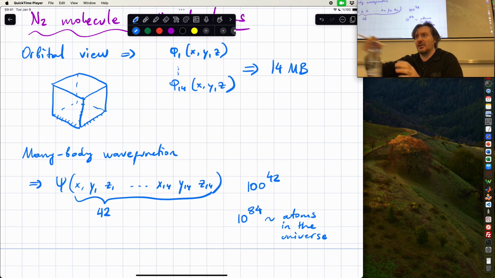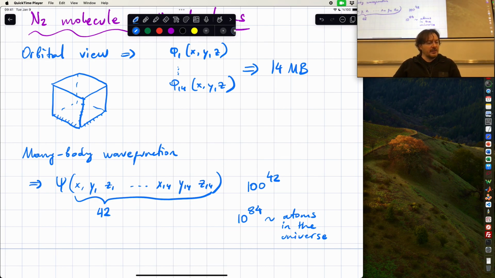So, okay, besides philosophical questions about where the wave function lives, how on earth are we going to calculate it? How are we going to have any calculations with it? Because 2 electrons is 6 coordinates, 3 electrons, 9 coordinates, okay? So there's a problem, and we will come back to this problem soon.